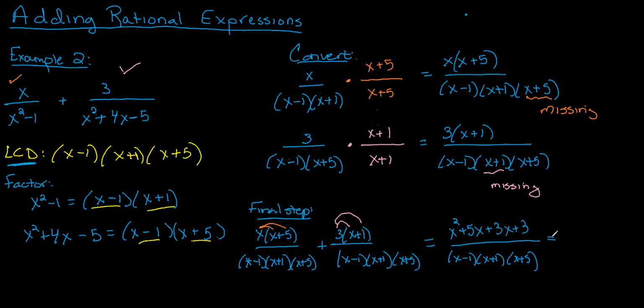So the final answer here is x squared plus 8x plus 3 all over my least common denominator. And I'm done. Now you might say, maybe I can simplify, so let's look at this numerator, x squared plus 8x plus 3, and see, can I factor that at all? The answer is no, we cannot factor it. It's good that we checked, but we can't simplify any further.